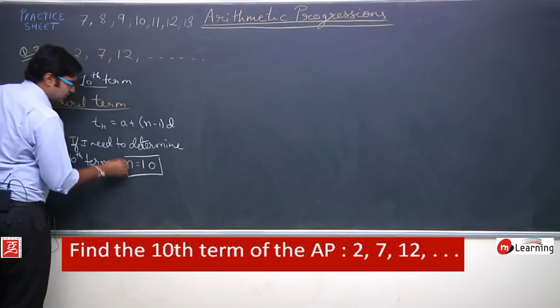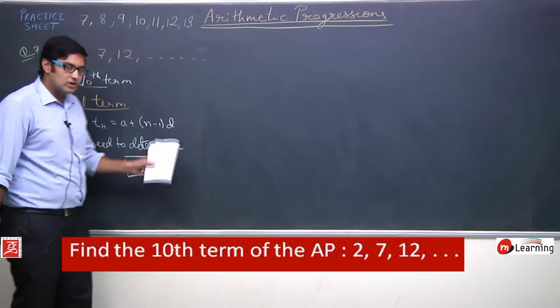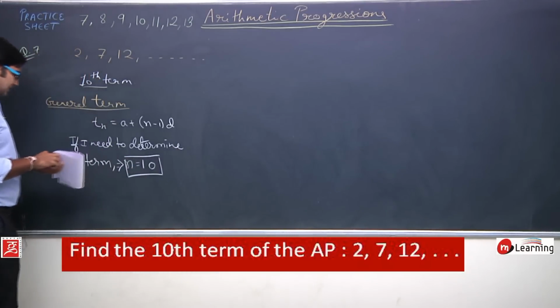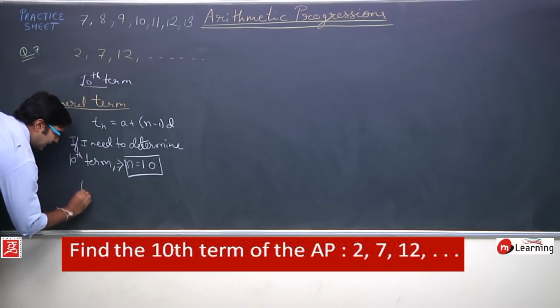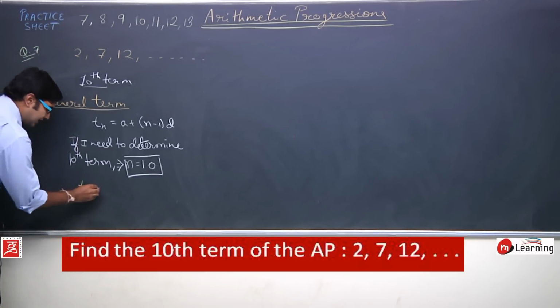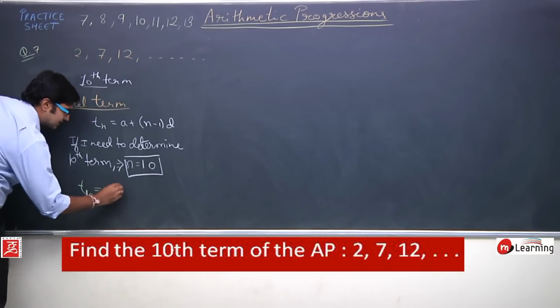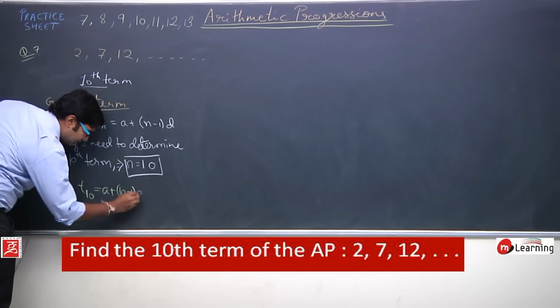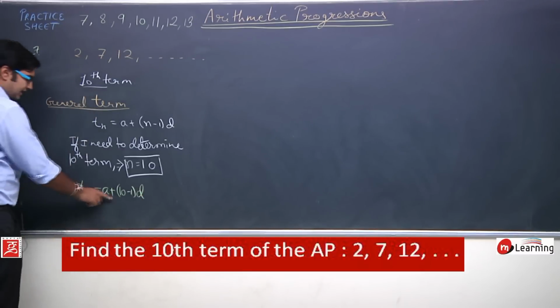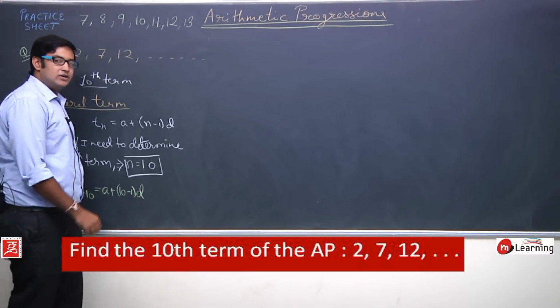I will substitute the value of n equal to 10. So Tn की जगह पे it will be T10. T10 will be equal to A plus (10 minus 1) into D.